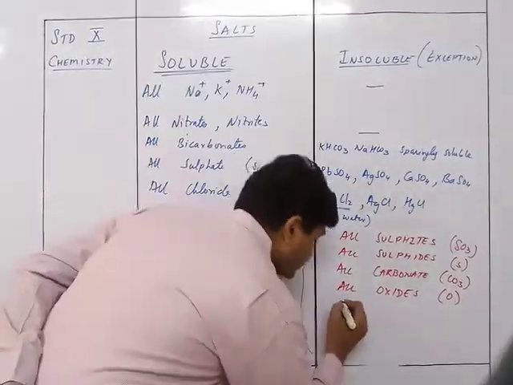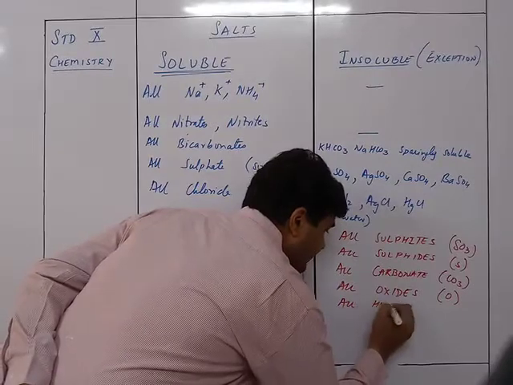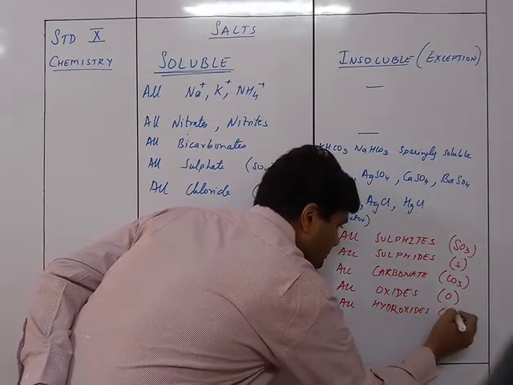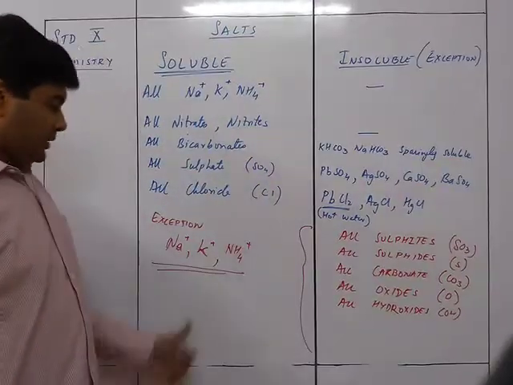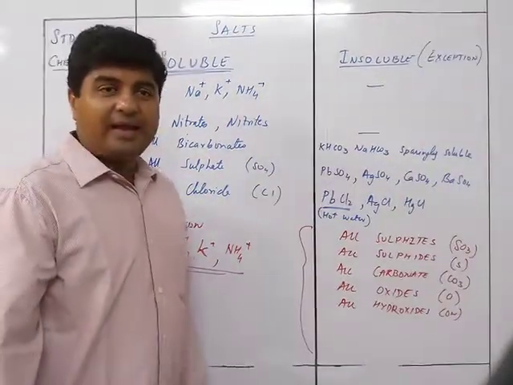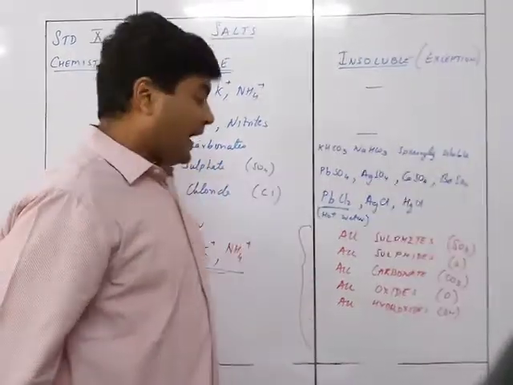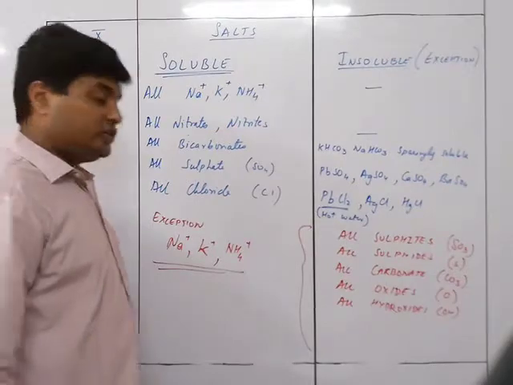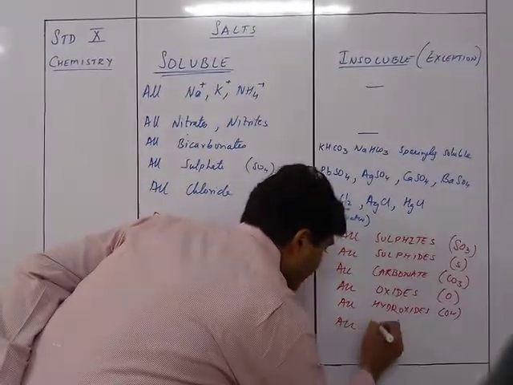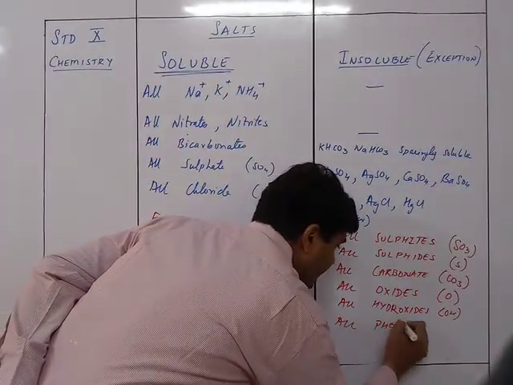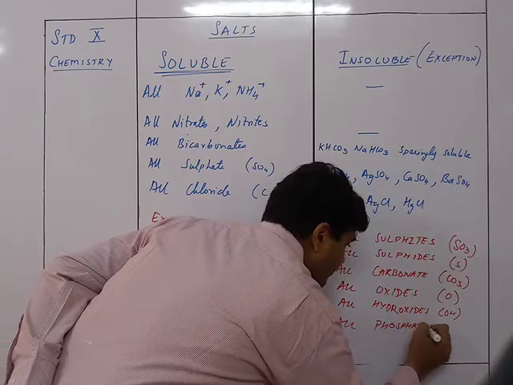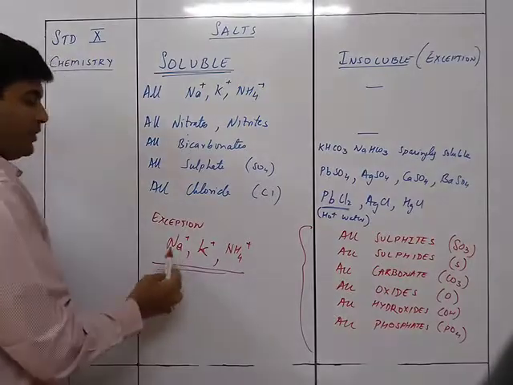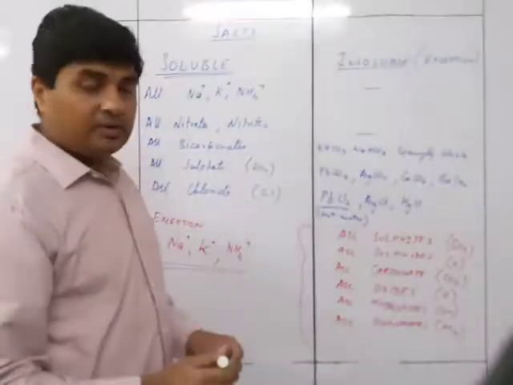Next is all hydroxides, OH, again insoluble except for Na, K, NH4. And finally all phosphates, that is PO4, will be insoluble except for potassium, sodium and ammonium.